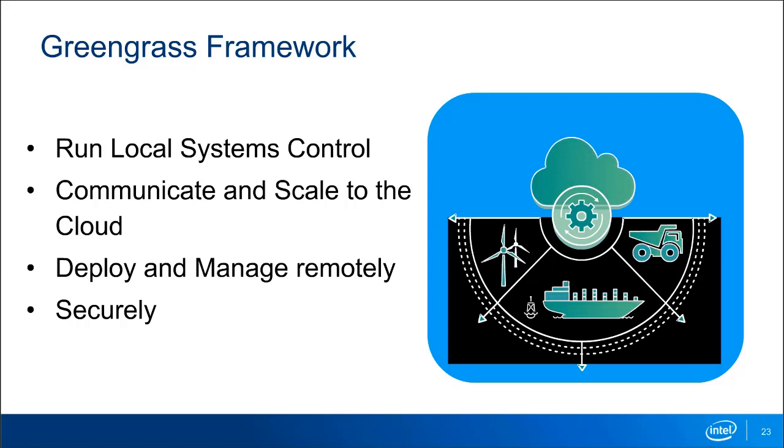We can also do any sort of updates to our deployments and monitor the overall health of our devices. And finally, we can do all these things securely with authentication happening at every step, from the device to the core to the cloud.